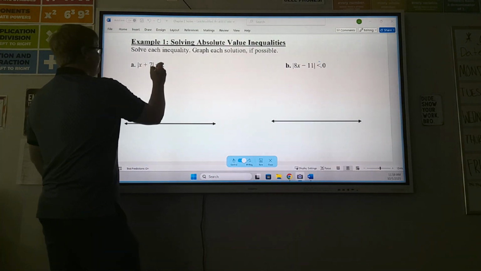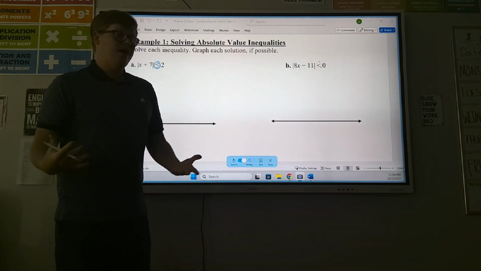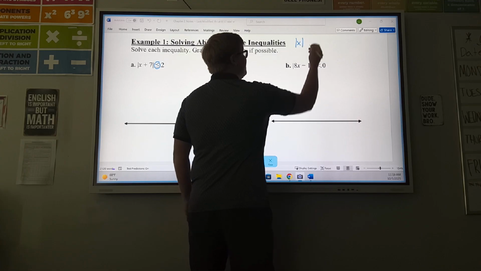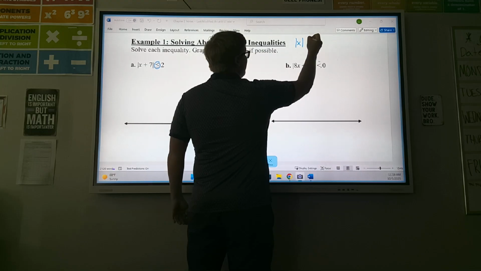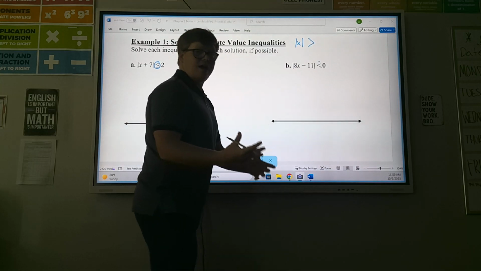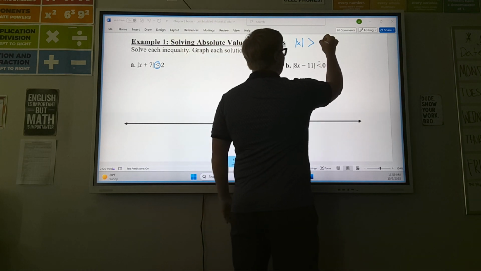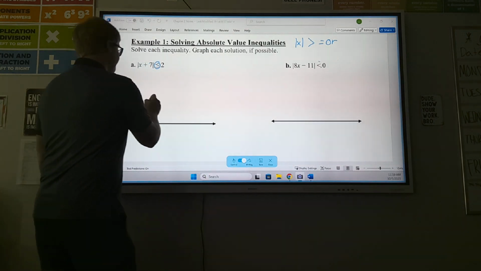Now, let's look here. What I need to tell you is when we have an absolute value, we'll pretend like we have an absolute value of x, and our sign is eating the absolute value, or the absolute value is greater. This is an or compound inequality every single time.